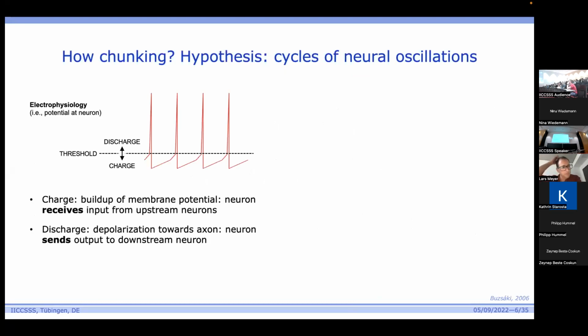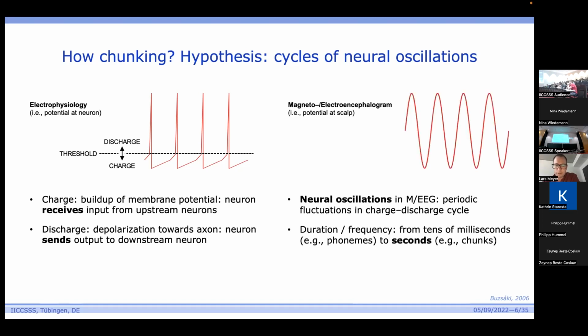The hypothesis that my students and I are after is that there's a relationship between chunking and electrophysiology. And this relationship, we think, has to do with what I mentioned already, that electrophysiology or neurobiology is a discrete thing, and discrete in terms of activity that is somehow patterned, repetitive over time, okay?